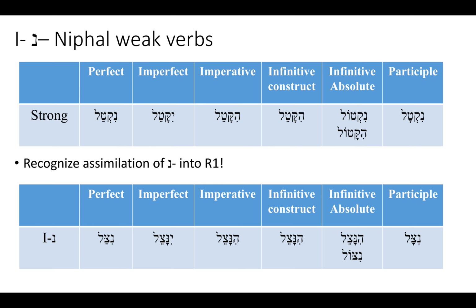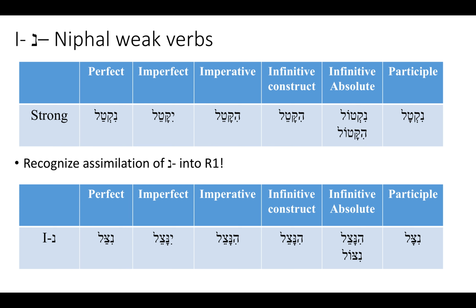So with the perfect form, for example, the verb natsal, the root of the verb here is nun tzade lamed, but this is also a Niphal, and so the nun has assimilated into the tzadi in first nun weak verbs.